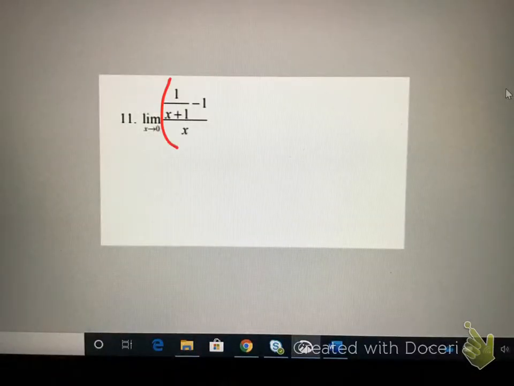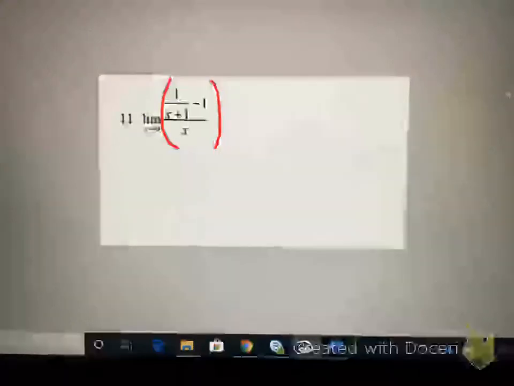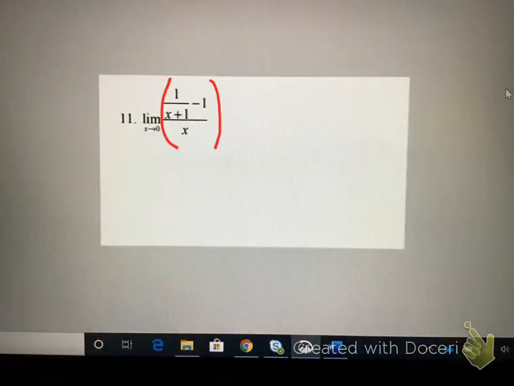Whenever you have embedded fractions inside of a larger fraction, what you do to simplify your equation, because remember that's what 0 over 0 is telling you, is you multiply by the denominator, or in some cases the common denominator, of your little embedded fractions.